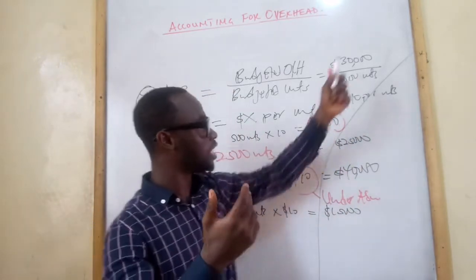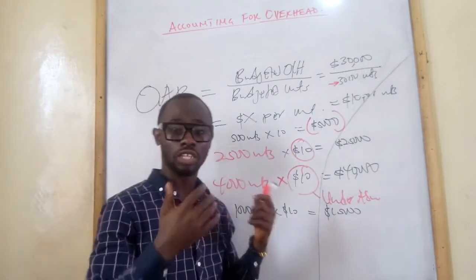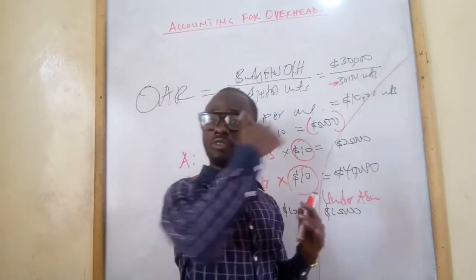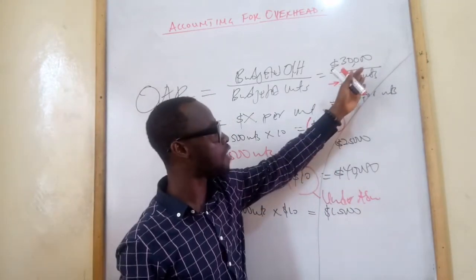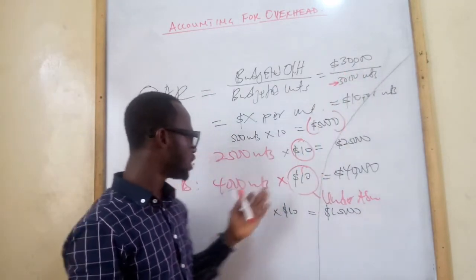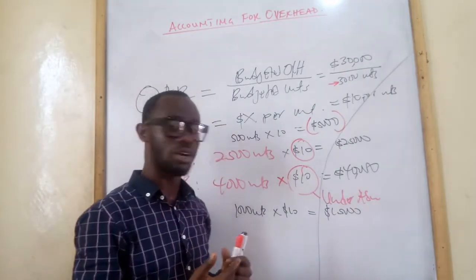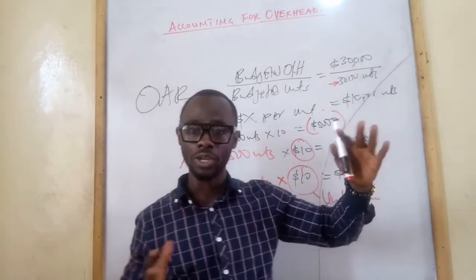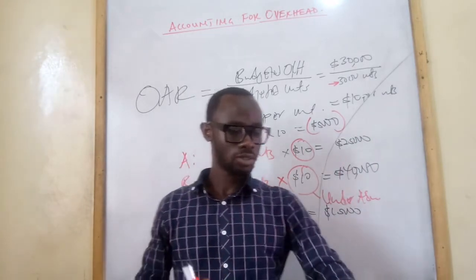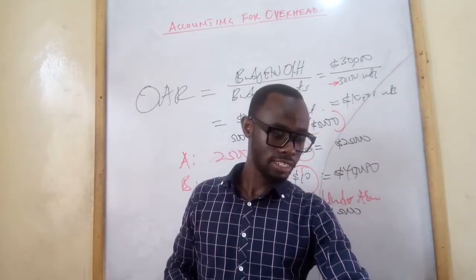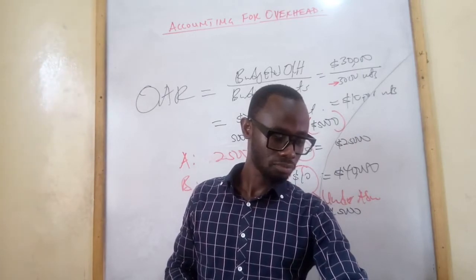If it is labor hours and it is 3,000 but we actually use 2,500, that means that we have over-absorbed, so we subtract it. If we have absorbed it based on 3,000 hours but we actually use 4,000 hours, it means we have under-absorbed, and we need to add it back. So these are what you have to understand when it comes to over-absorption and under-absorption.